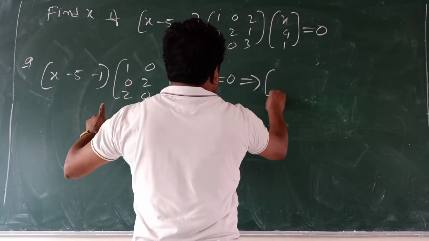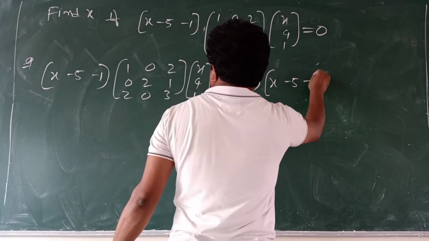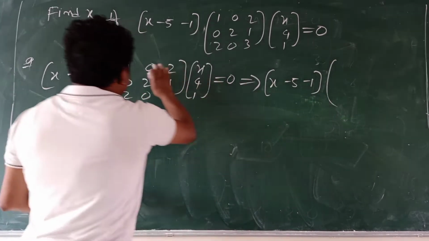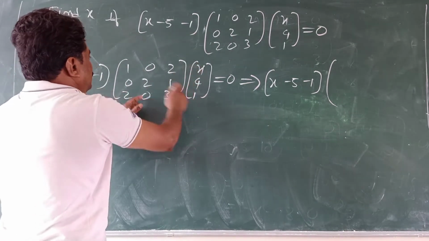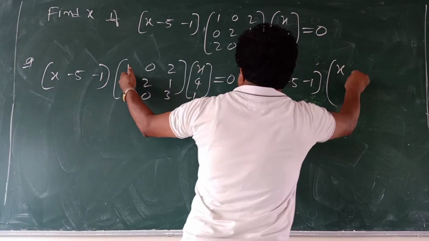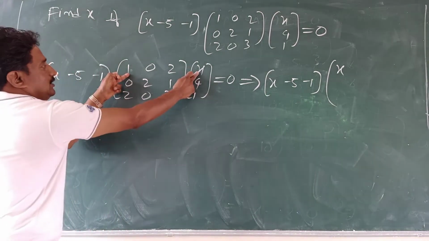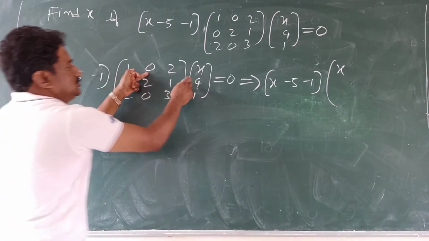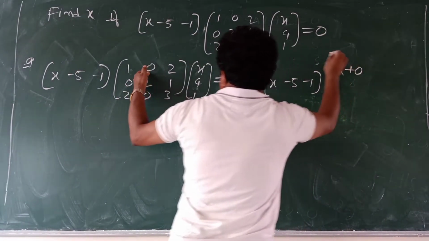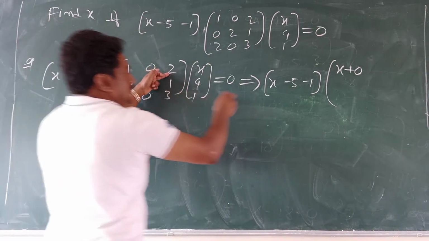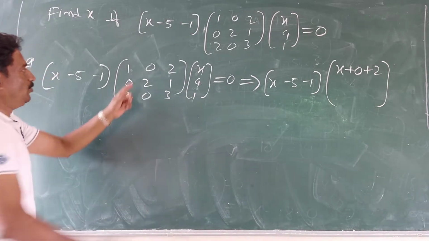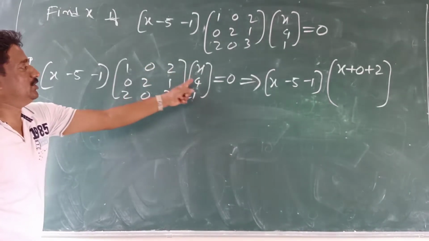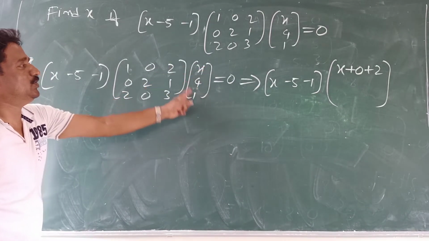So write that [x, -5, -1]. I multiply these two. First row, first column. 1 into x, first into first, plus second into second, 0, plus third into third, 2 ones are 2. First row, first column over. 1 into x, 0 into 4, 0, plus 2 ones are 2.